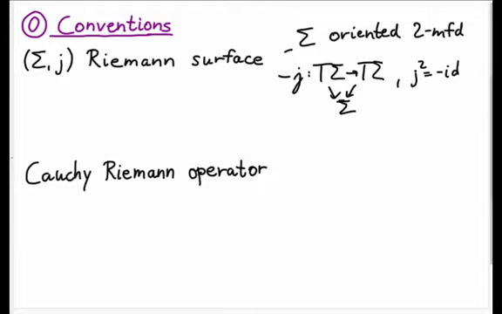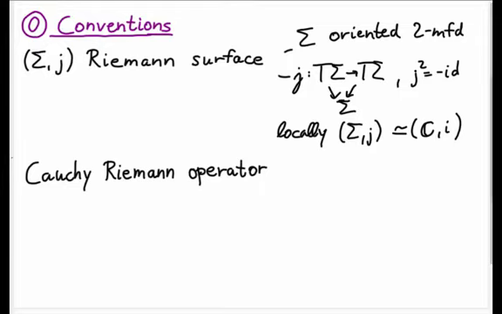They're automatically complex, so locally these surfaces all look like a piece of the complex plane with the standard complex structure i.